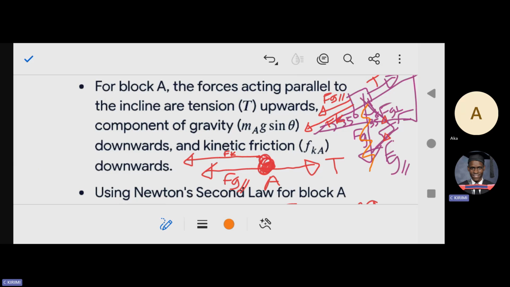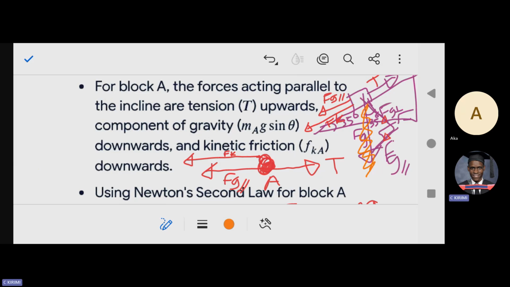We are resolving that FG, splitting it into components. So that force now has no effect. We have distributed it into a parallel component and a perpendicular component. We are no longer including it in calculations. It's out. That's how you do it.